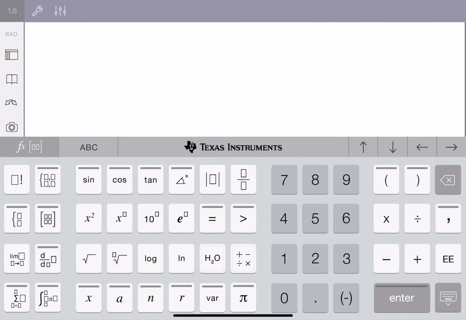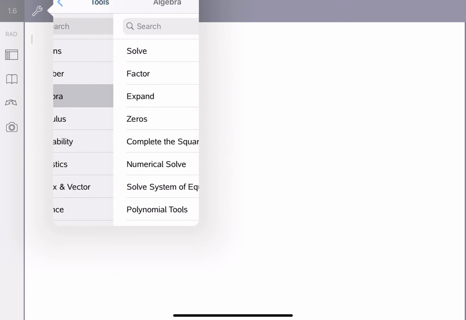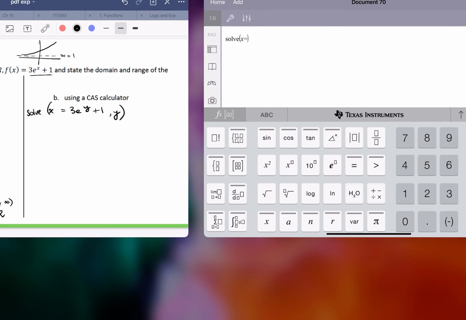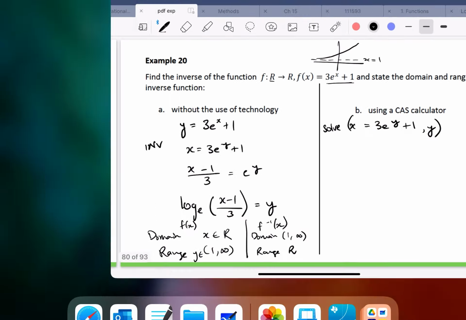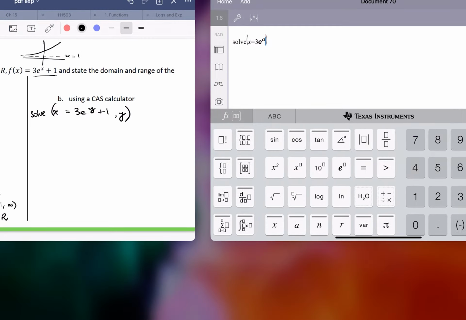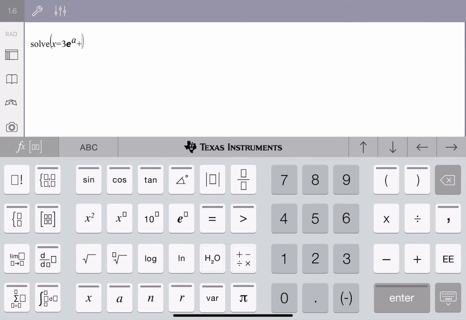We will add a calculator page and we'll go to menu, algebra, solve, and remember we've swapped the x and the y, so that'll be x equals, and we'll enter the function 3e to the power of y. In this case I don't have a y, I'm just going to write a for now, and then that'll be plus 1. And this time I want to solve for y, which in this case I've just got as a for my convenience.